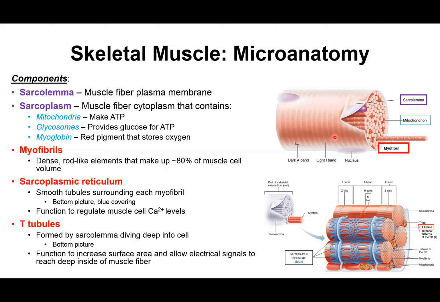If it decides to tuck sort of into the screen, we'll have these little indentations. All right, and these are our T-tubules. And their whole job is to increase surface area, which allows electrical signals to reach the deepest layers inside of a muscle fiber, so that all of the myofibrils can receive the same electrical signal and respond accordingly. We'll talk more about this as we go on.